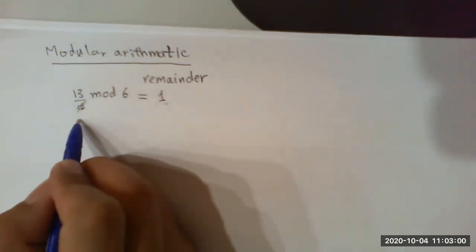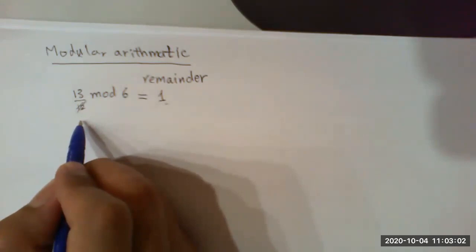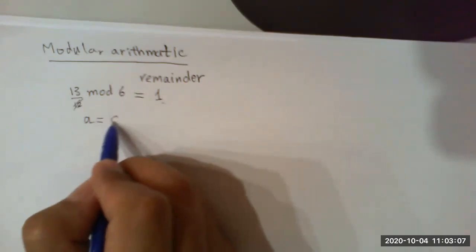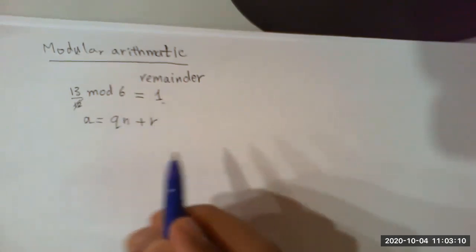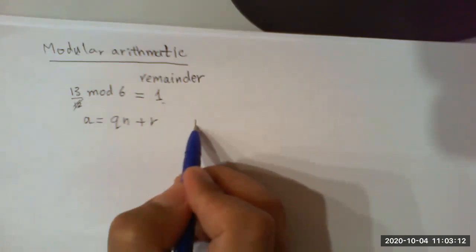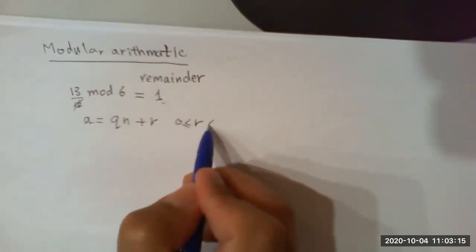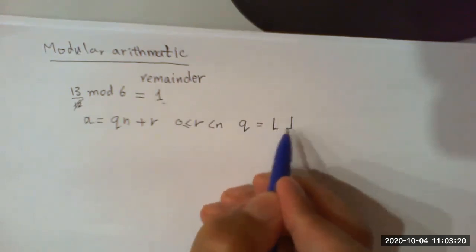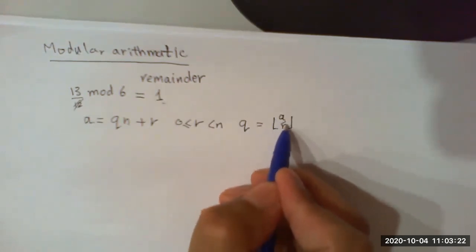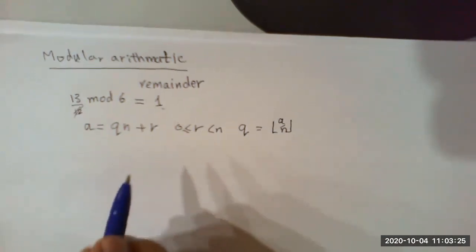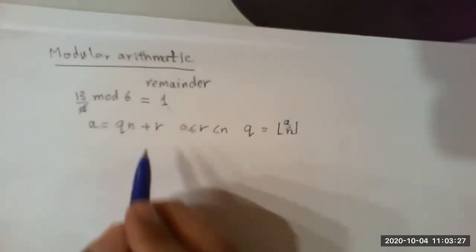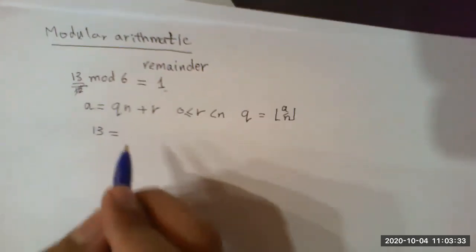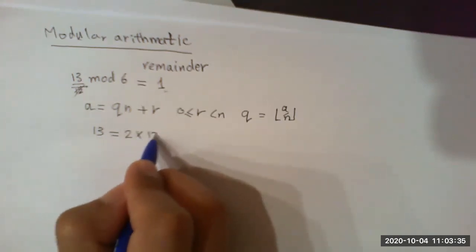So for example, using the remainder theorem, A can be written as Q multiplied by N plus R, where R is between 0 and N, and Q is the result of this division, which is A over N. Let's take an example: 13 equals 2 by 12 plus 1.